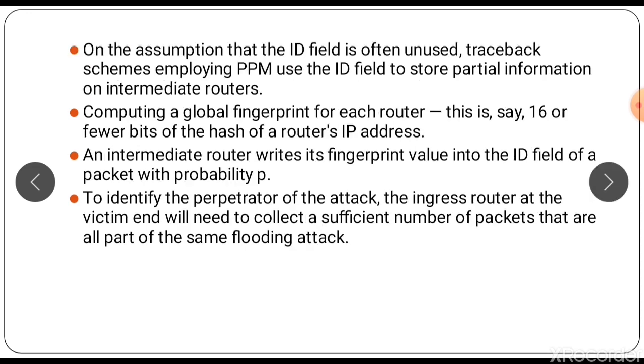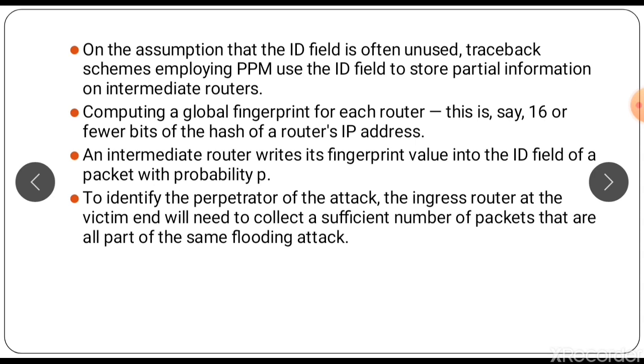So the traceback scheme employs probabilistic packet marking, using this ID field to store partial information on intermediate routers. But given that the length of each IP address is 4 bytes, how can a packet store router address information in its 16-bit ID field?